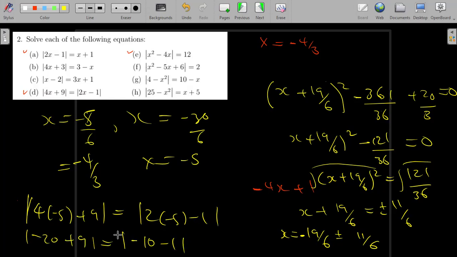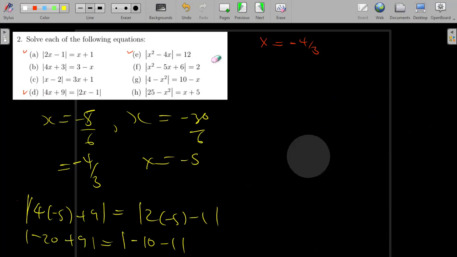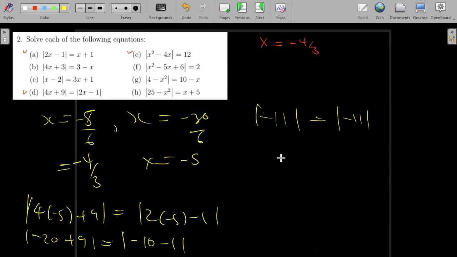It gives me negative 11. So you get the modulus of negative 11 on the left, and on the other side again, it will give you negative 11. This just gives 11 equal to 11. So this shows you that negative 5 is a value as well. So you can use either of the methods. You still get those answers there.